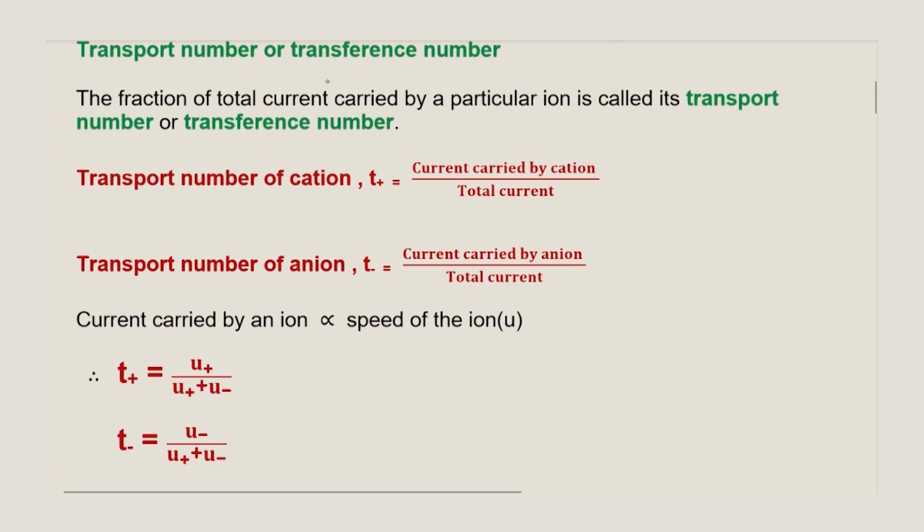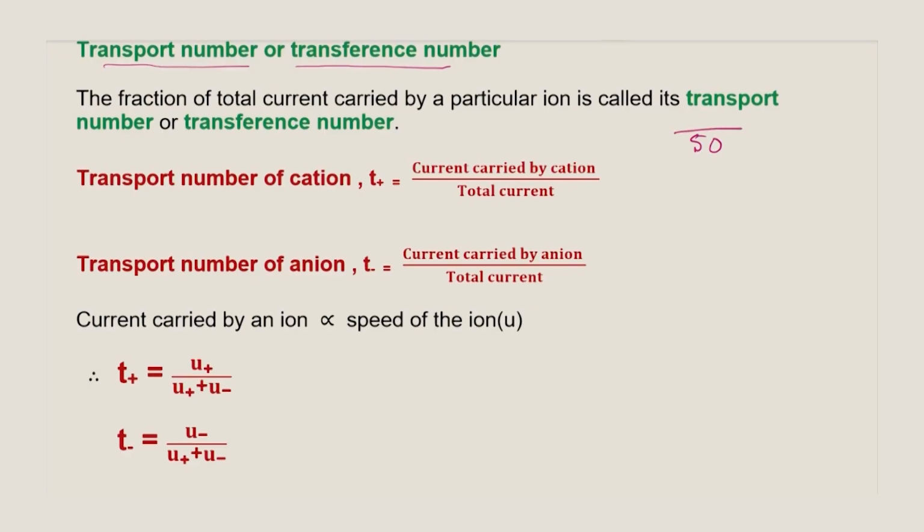Transport number or transference number, it is known by both the names. It is a fraction of the total current carried by a particular ion. That is, suppose the total current is represented by 50 and the fraction of the current carried by a particular ion is 40, and this comes as the transport number of that particular ion.